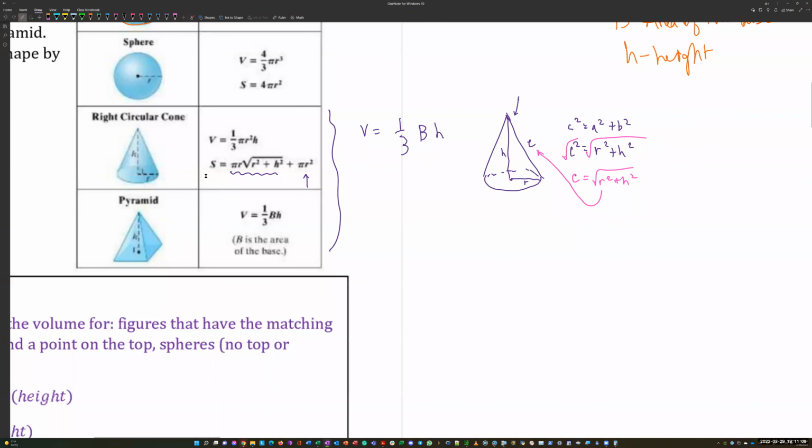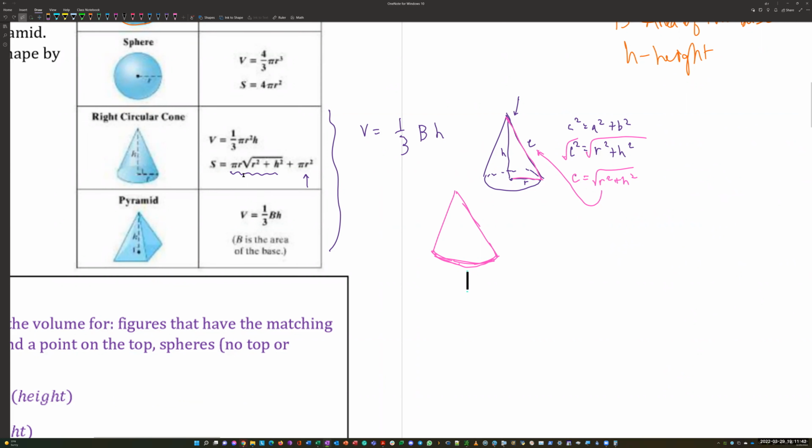So this value here is the square root of r squared plus h squared. This is r. You need the pi because it turns out if you unravel this whole thing, it would start looking like this, sort of like a piece of paper with some sort of circular arc here, as opposed to it just being a triangle, right? It turns out that would be the right way to find the formula in this case.